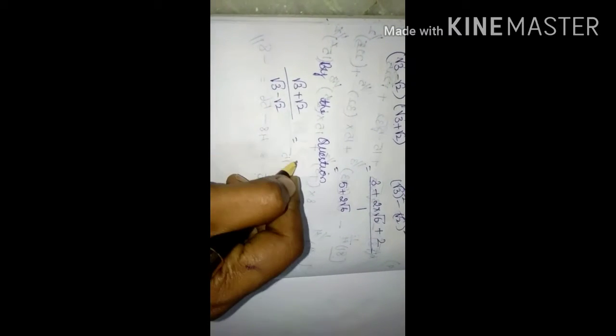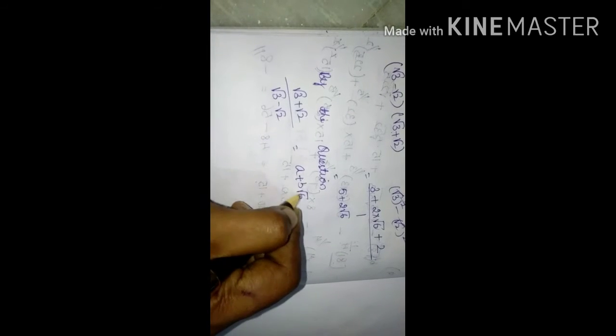By the question, what is your question? Root 3 plus root 2 divided by root 3 minus root 2 equal to a plus b root 6.